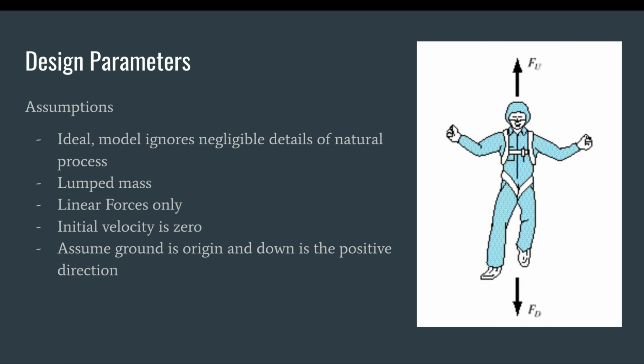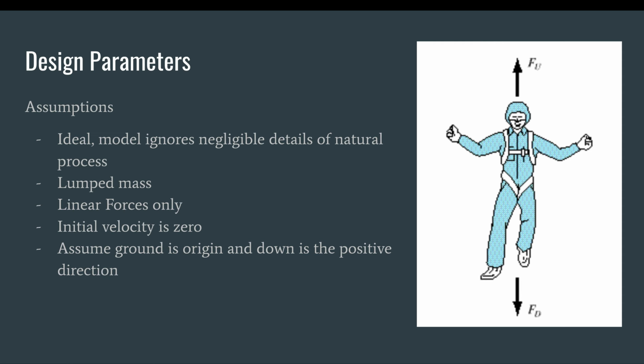The user here is moving at earthly speeds, nothing near the speed of light. It's going to be a lumped mass parameter, as in the mass is going to be assumed to be just a point mass system. This is so that the drag coefficient isn't anything crazy, because everything changes with the shape of the person.